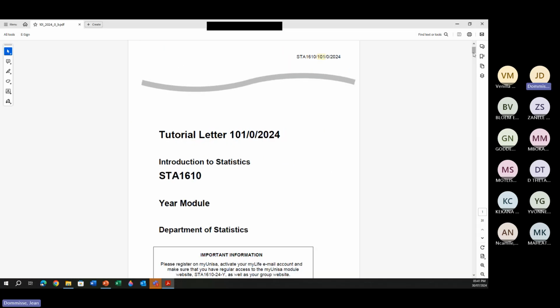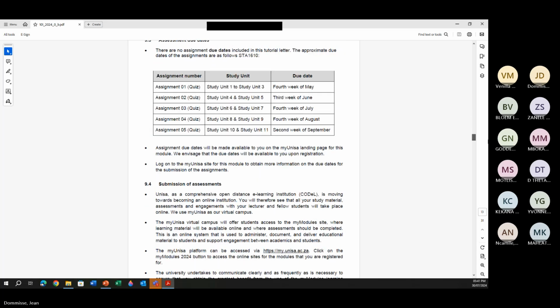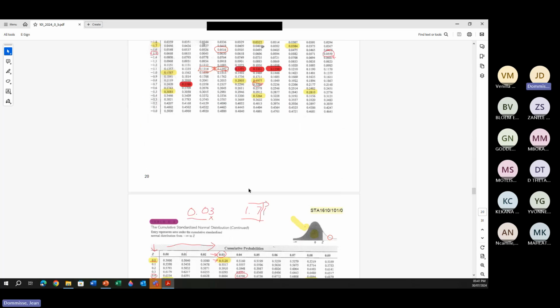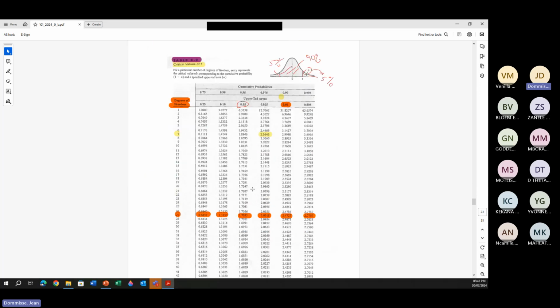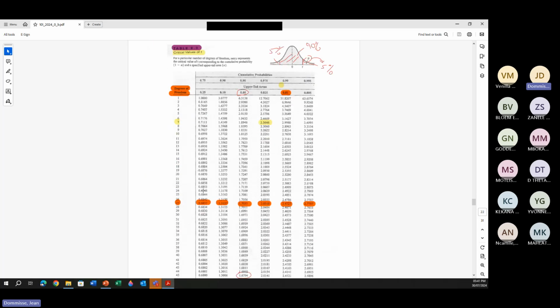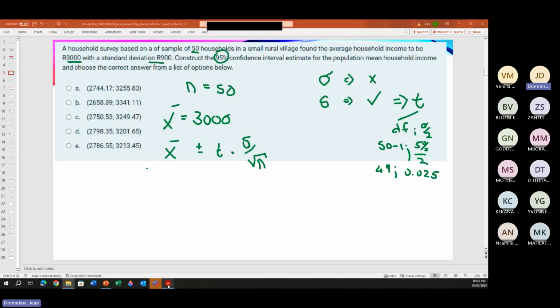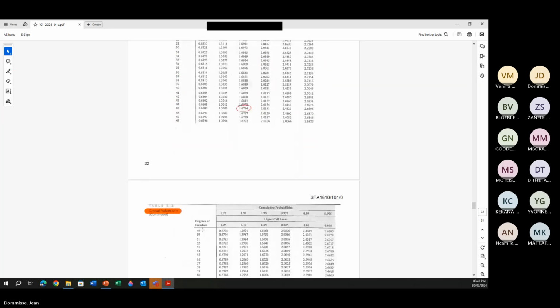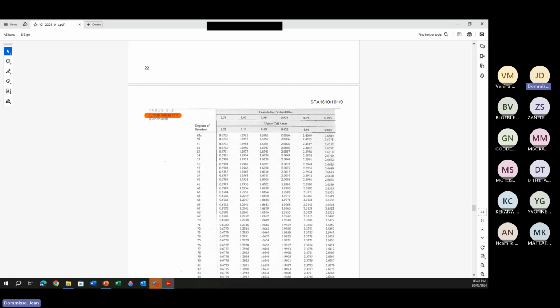We've been using this table for some time now, the last couple of sessions. So t table, let's see, 49, 0.025. 49, okay, so there.